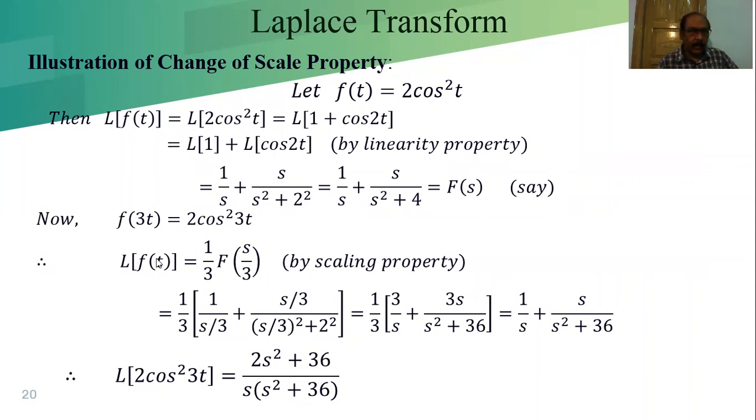It should write f3t equal to 1 by 3 f of s by 3 by the scaling change property, equal to 1 by 3. S will be replaced by s by 3.